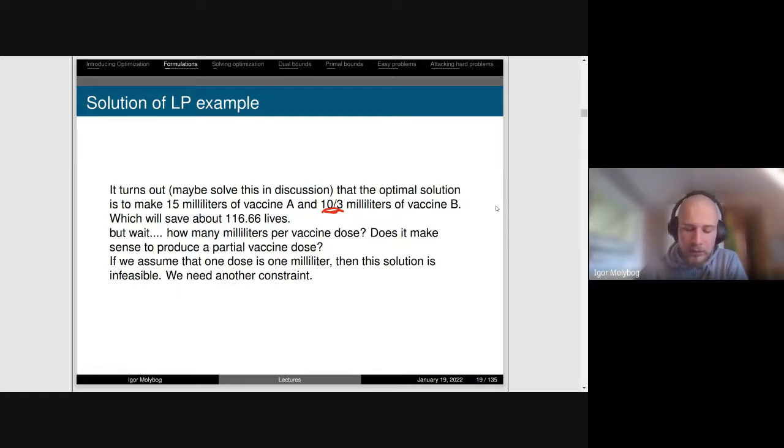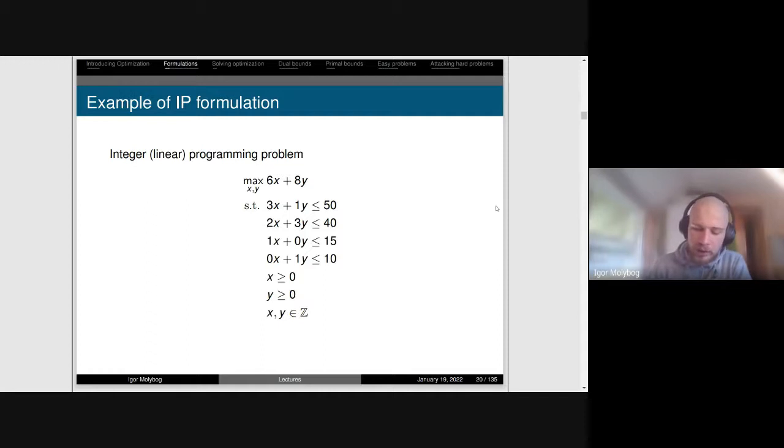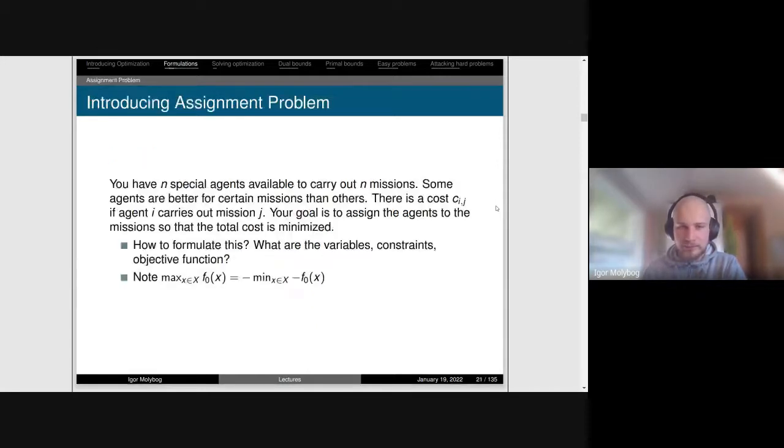So our solution is basically infeasible if we assume that 1 dose is 1 milliliter, because it doesn't make any sense to produce that much. So we need to add another constraint to our problem, which is the integrality constraint. So here we have found the integer linear programming problem, which is going to be our bread and butter. So we're really happy about this.